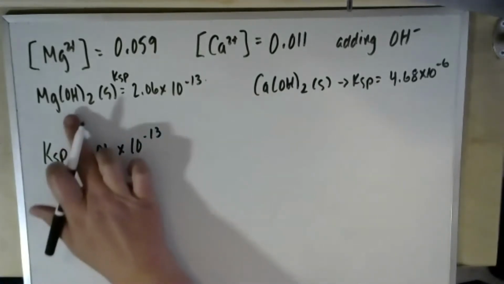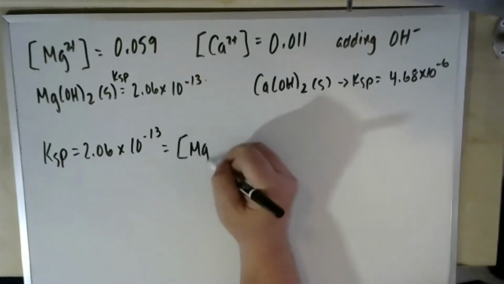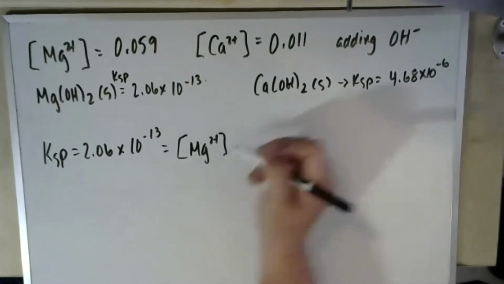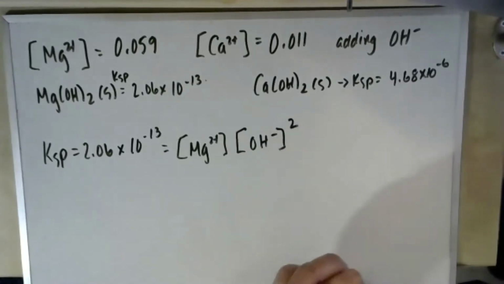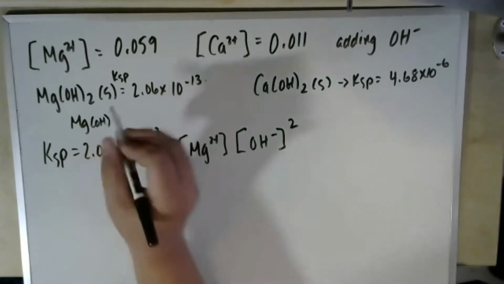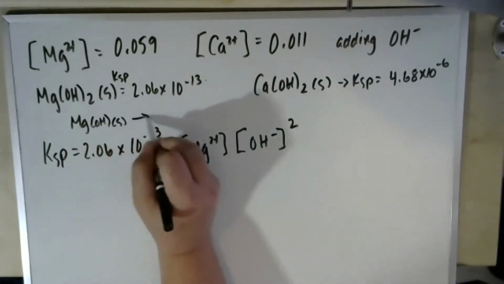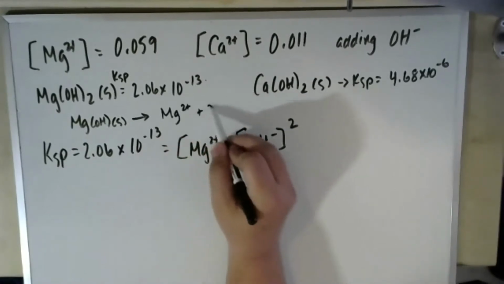And the KSP for Mg(OH)2 is going to be equal to the concentration of magnesium ion times the concentration of the hydroxide ion squared, right? And that comes from this reaction here.